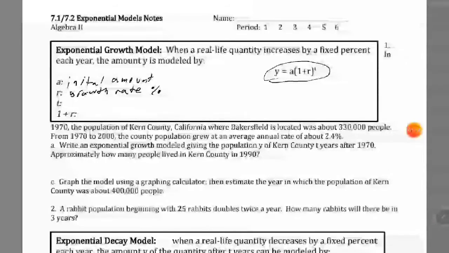T is time, and 1 plus R is our growth factor. Okay, so let's do some examples.